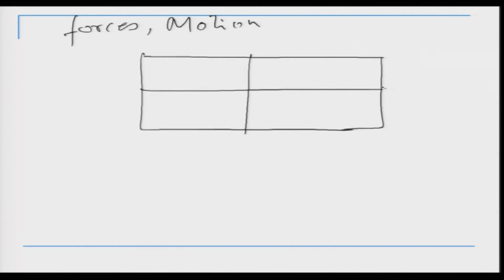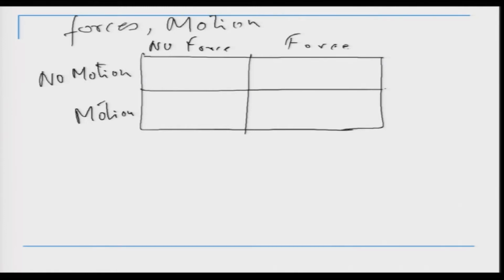This is something we saw in the last class. Here we have no motion and motion, and on the top side we have no force and force. If our study considers no motion but only forces, then this is called statics.